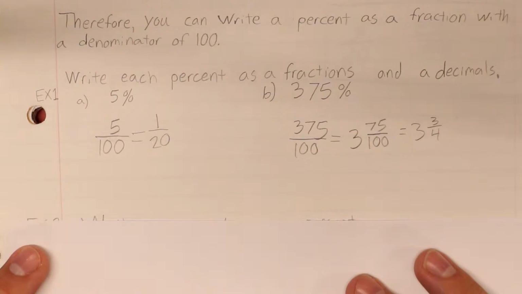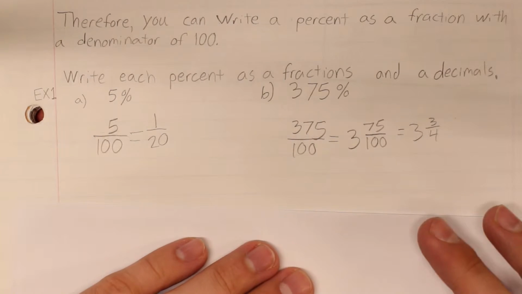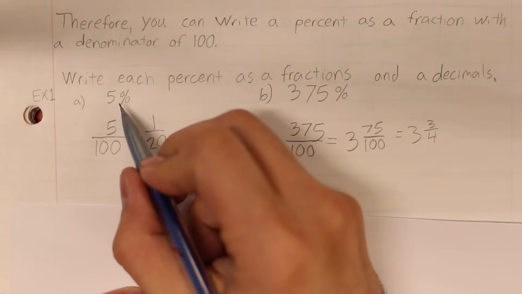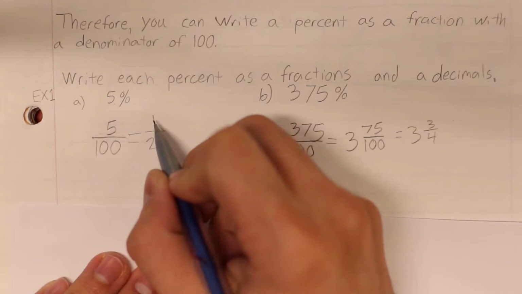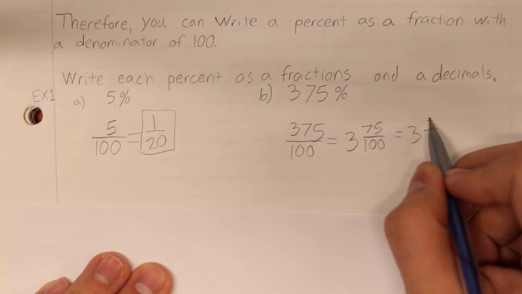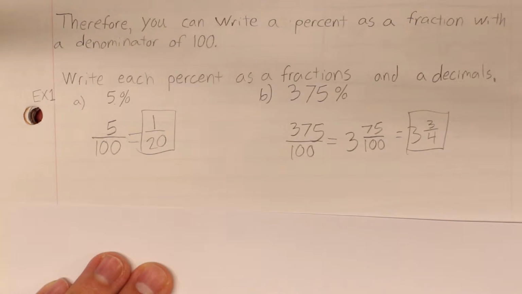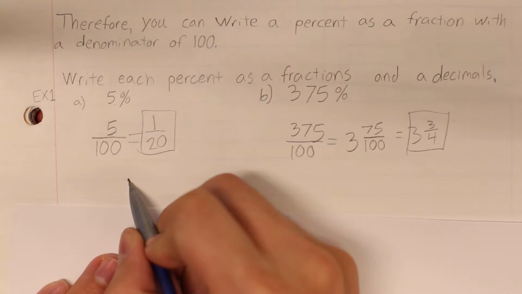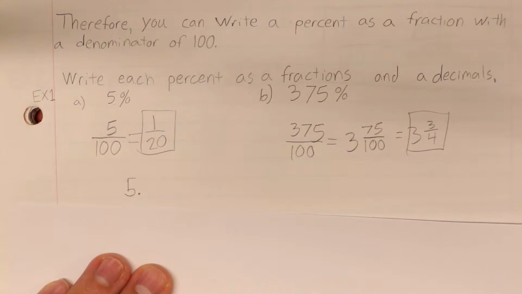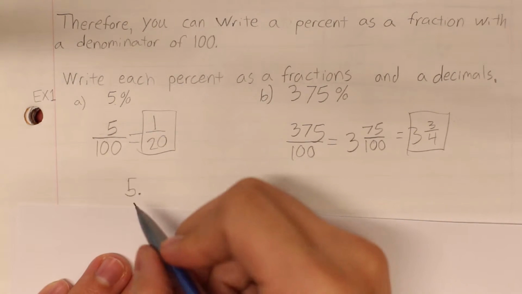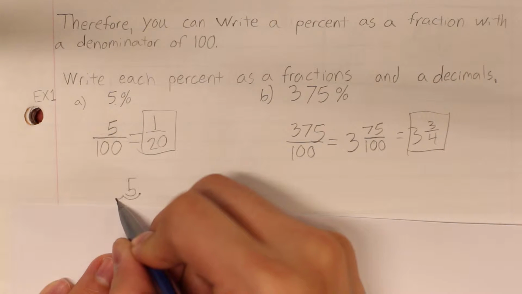All right, so those are my fraction parts of it. The decimal parts are even easier. What you do is you just write down this number, okay? And so this is one answer. That's the other answer, okay? For the decimal part, you just write down like 5, okay? You put a decimal right there where it's supposed to be for 5, and you move it to the left 2 times.